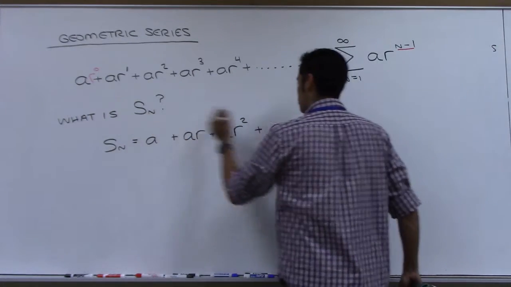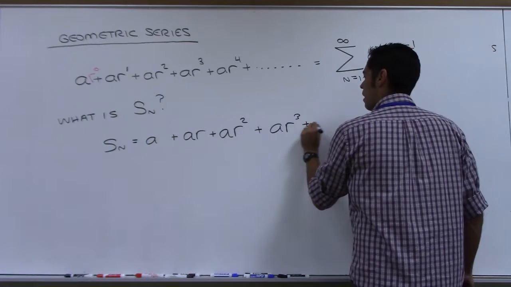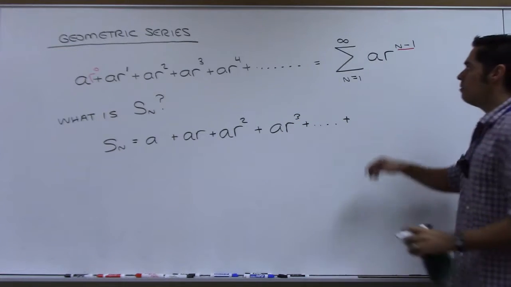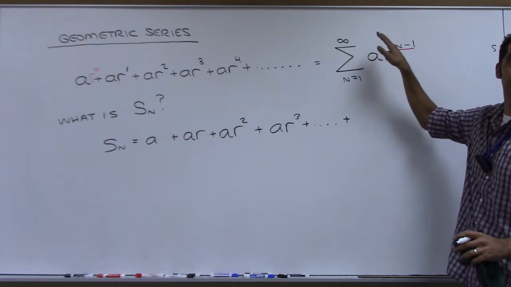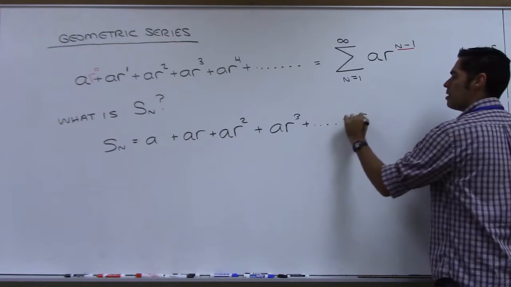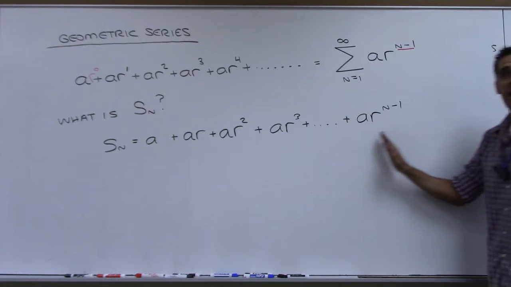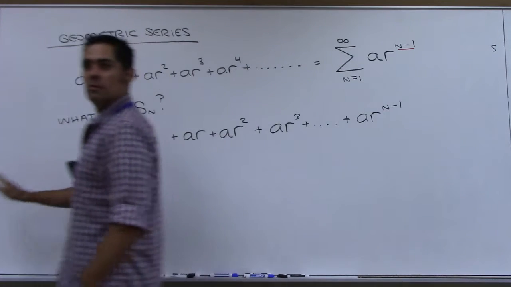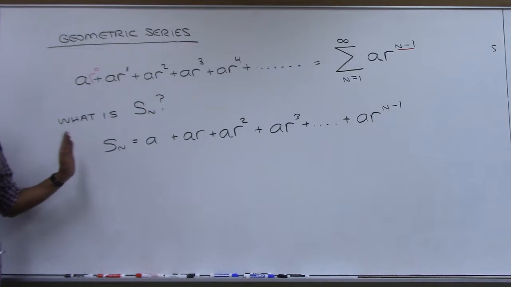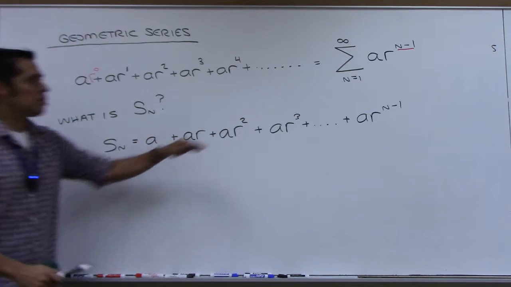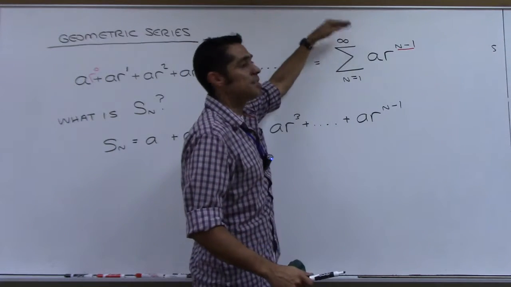It's the n partial sum, right? I'm going to stop when my index gets to n, which would mean my last one looks like this, AR to the n minus 1. Wouldn't this be the n partial sum? This would be what would happen if I started at 1, then 2, then 3, then 4, and I stopped at n.